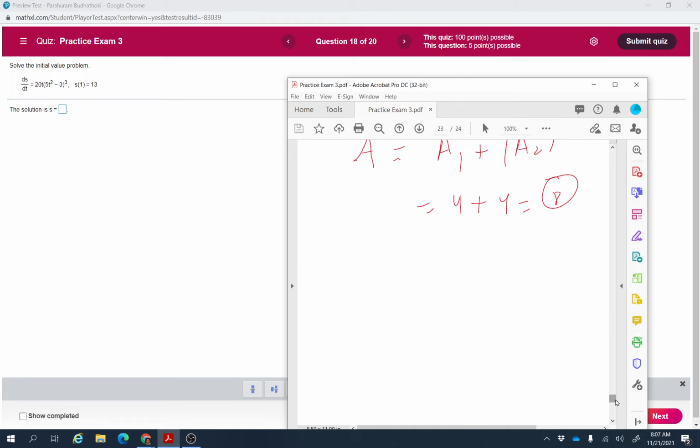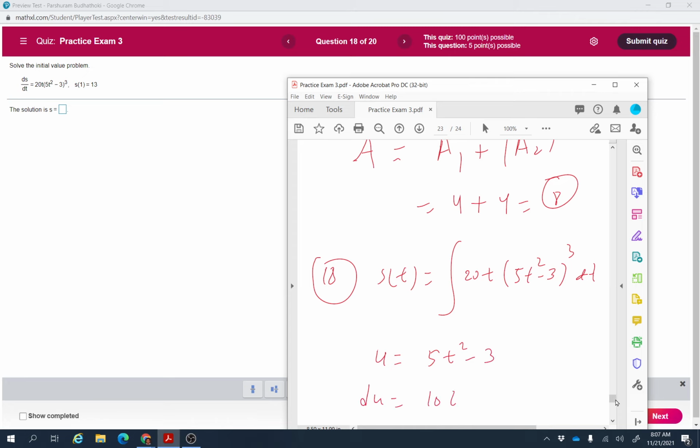So here's problem 18. You want to find s of t, which is the integration of 20t times (5t squared minus 3) cubed dt. To find this integration you have to use substitution. Substitute u equal to 5t squared minus 3, so du would be 10t dt.